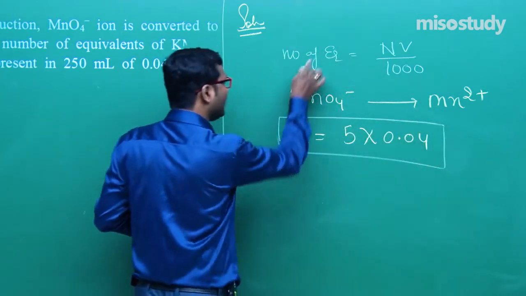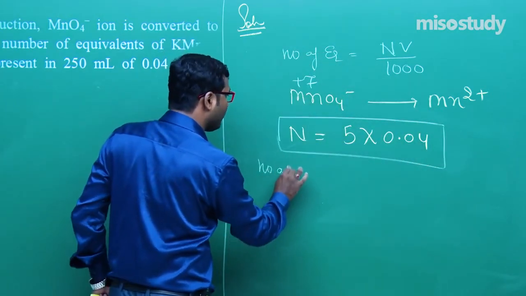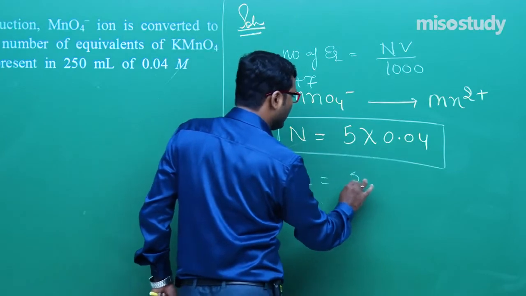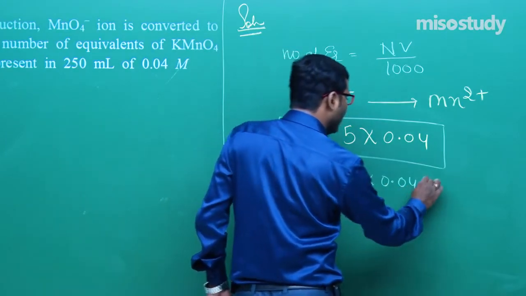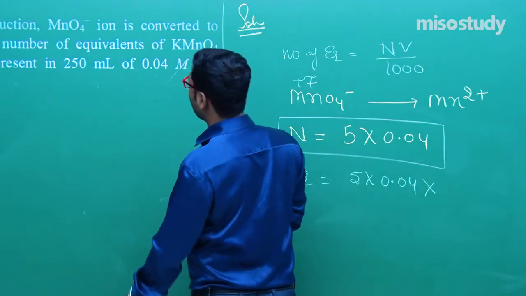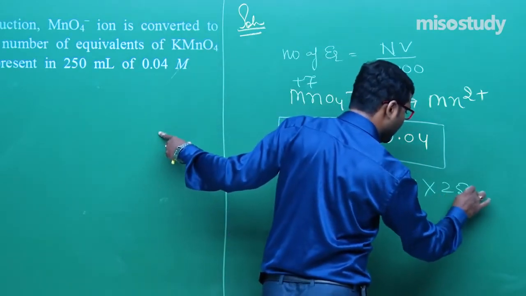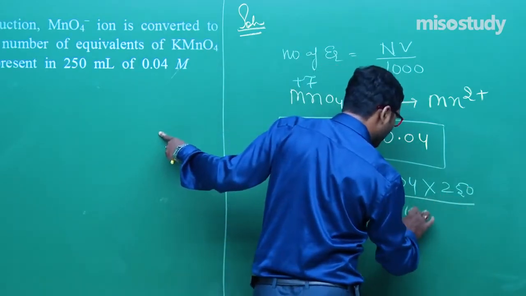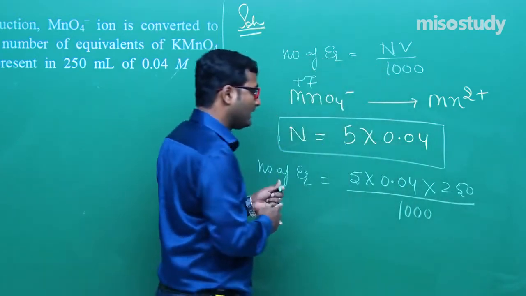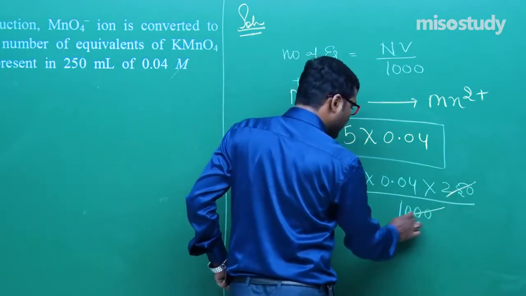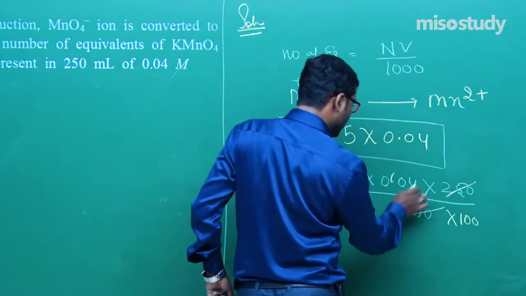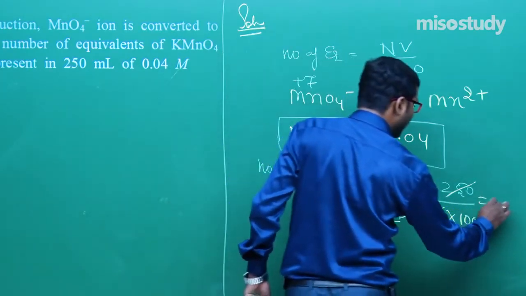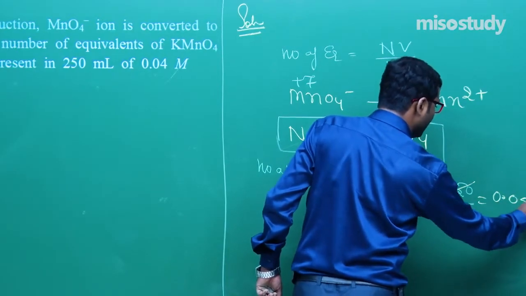Now put this value: number of equivalents is equal to 5 into 0.04 into V. What is the volume here? Yes sir, 250 divided by 1000. Now it will give you 4. Now put here 100 and this will cancel. 5 upon 100, that is 0.05.